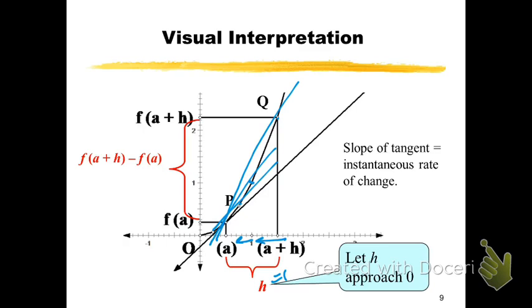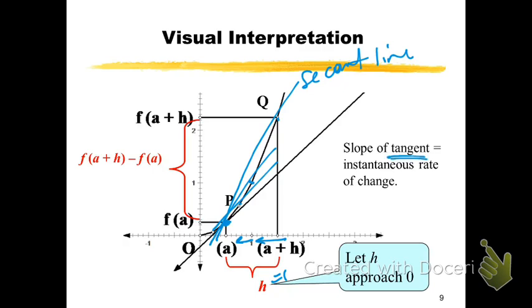So I'm doing this smaller and smaller until I'm so close to the point a that I'm only going through my graph at one point. When we go through a graph at 2 points, it's a secant line. But when I go through the graph at only 1 point, it is a tangent line.